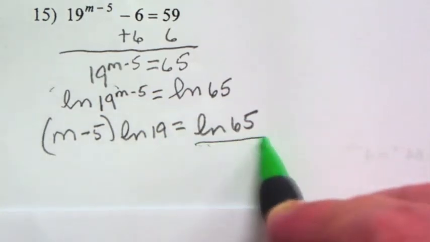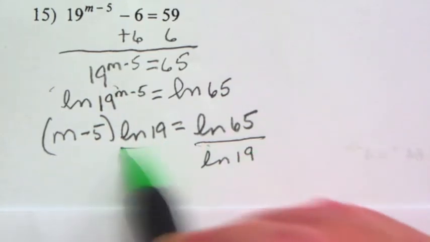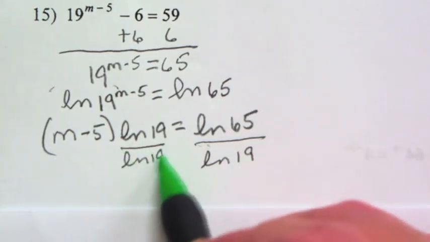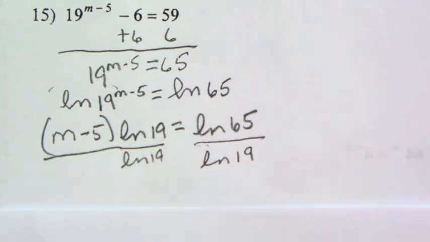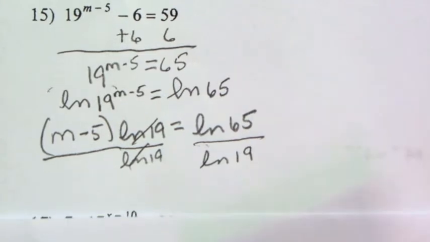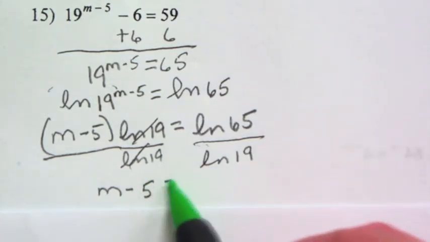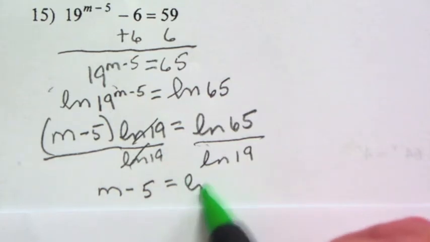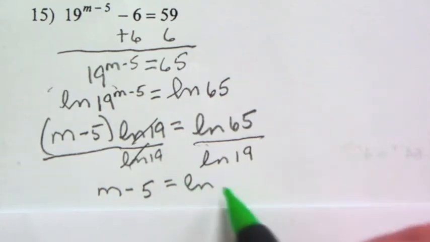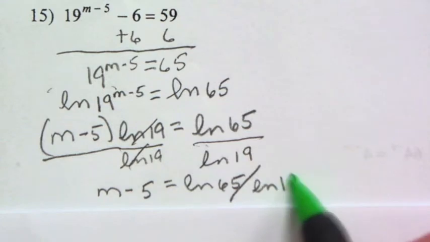When I divide this by the natural log of 19, that cancels out, and I end up with m minus 5 equals the natural log of 65 divided by the natural log of 19.